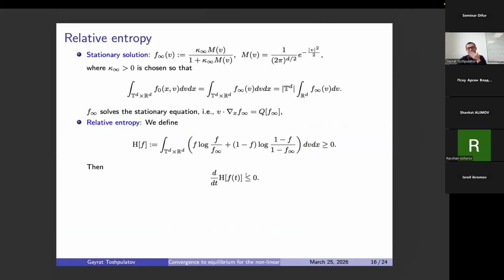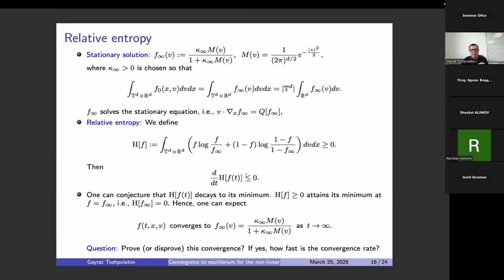So h is decreasing. Using this property, one can conjecture that h decays to its minimum. But h attains its minimum when f is equal to f infinity.